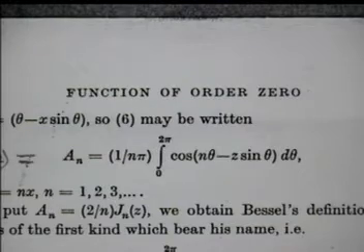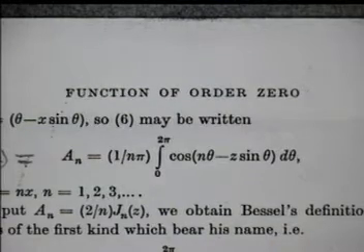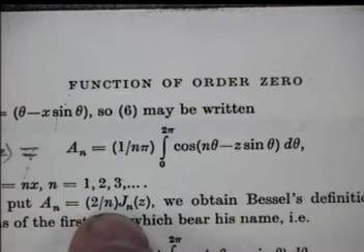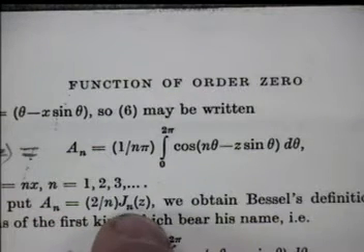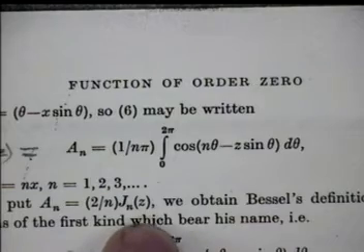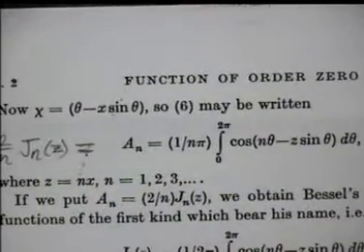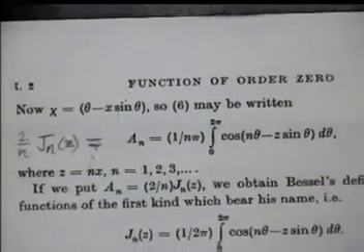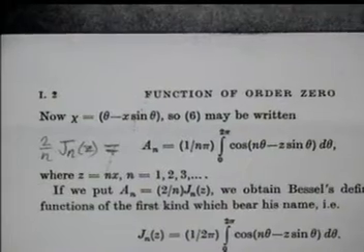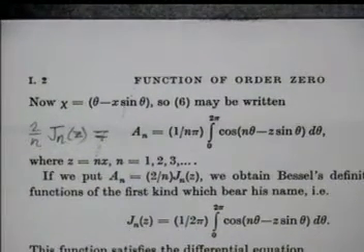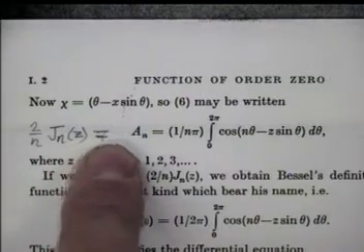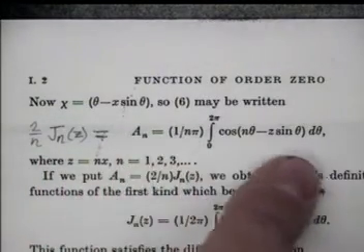Okay, now we're going to substitute. Right here where it says a_n, we're going to replace that with 2n times J_n of z. And we put that in, where 2n J_n of z is equal to this equation.